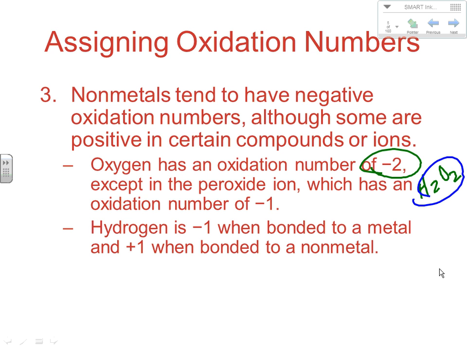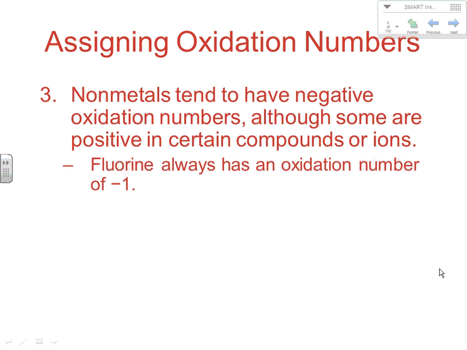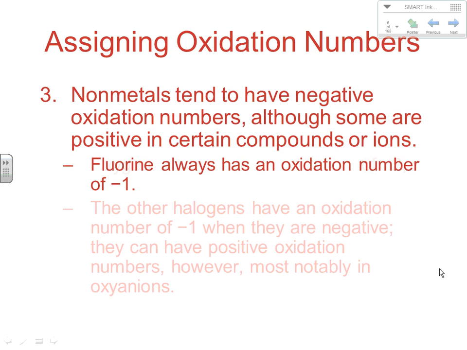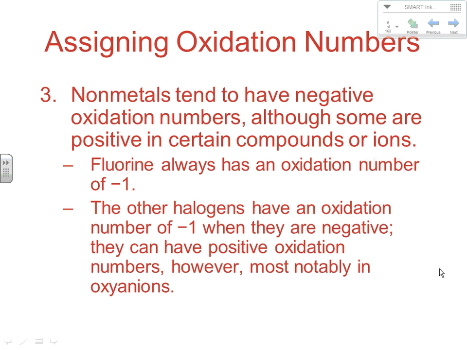Another common element would be hydrogen. Hydrogen is a -1 when it's with a metal, and a +1 when it's with a nonmetal. Third idea here related to nonmetals, fluorine is always -1. Its oxidation number never varies. The other halogens can be -1, but there are also many other numbers besides that.